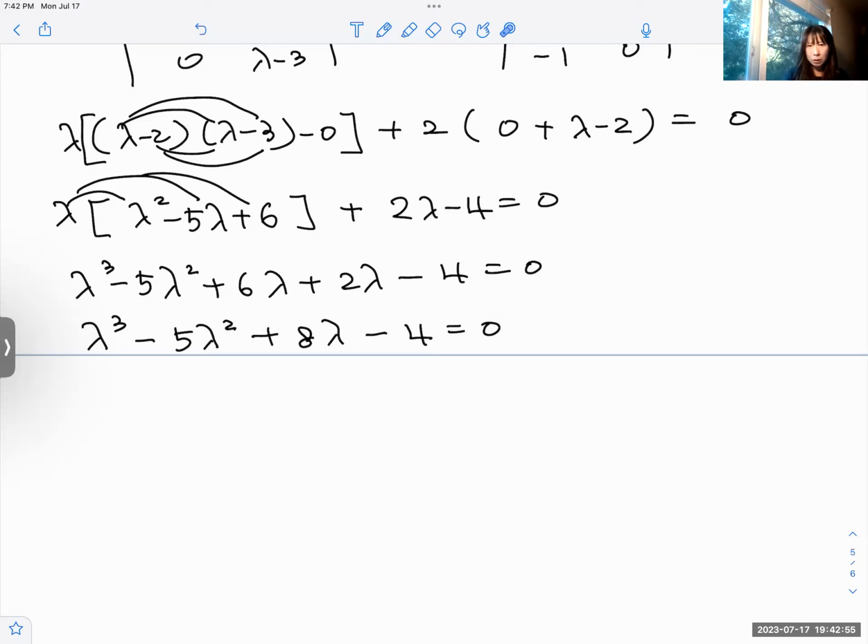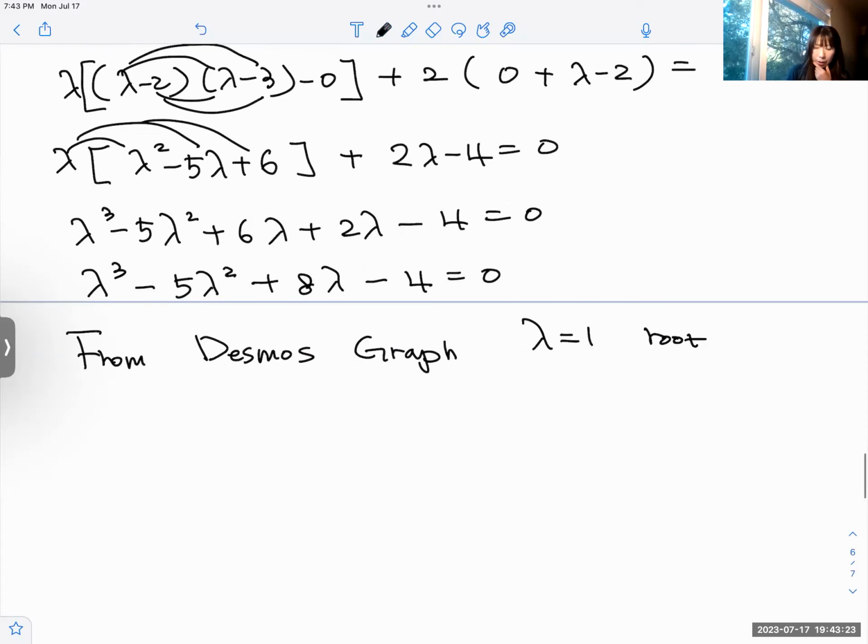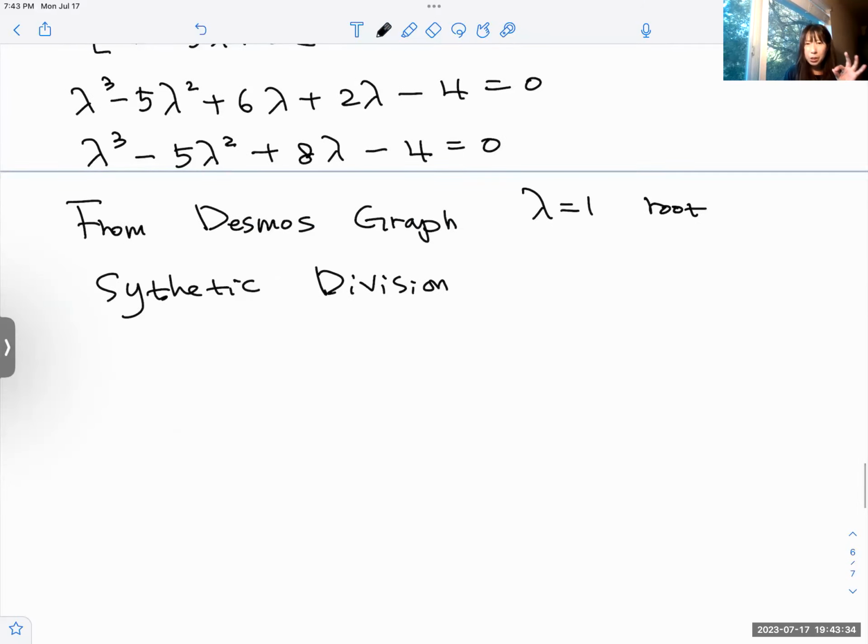Yeah, so lambda equals positive 1. Pretty sure? Yeah, positive 1, yes. So let's see. From the decimals graph, we have lambda equal to 1 as one root. Okay, so we do synthetic division using just the coefficients.